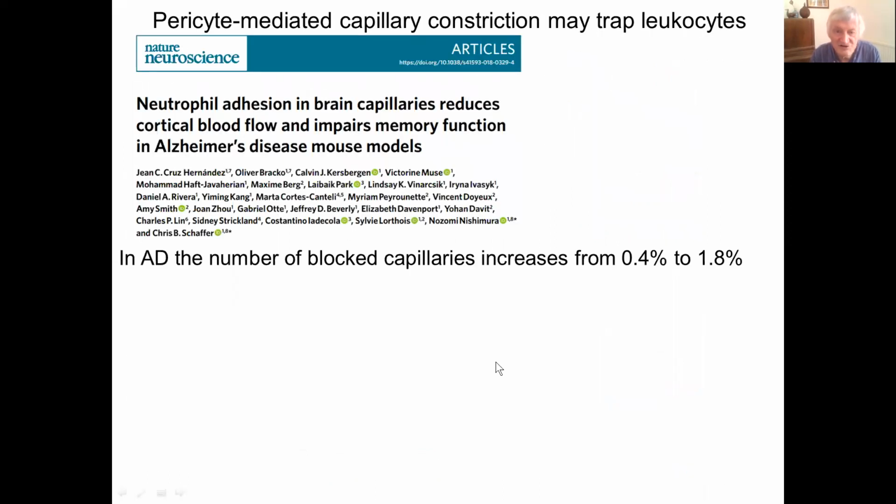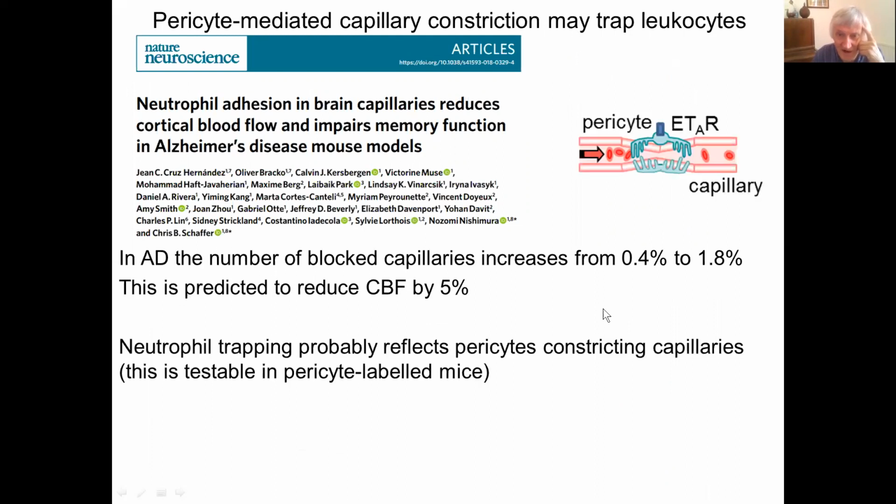Now, another group, Chris Schaefer's group, has suggested that neutrophils occlude capillaries in AD, and they find an increase in the number of blocked capillaries from 0.4% to 1.8%, which is predicted to reduce blood flow by 5%.